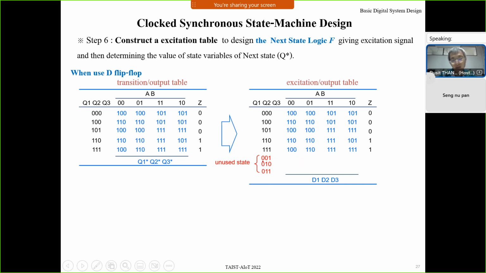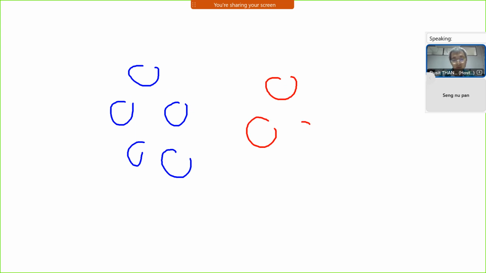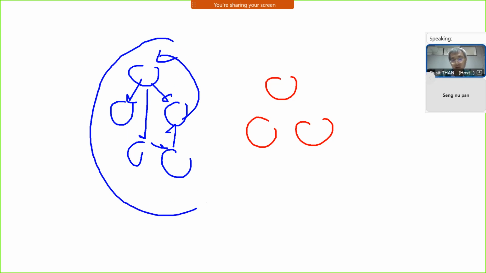Because it's possible, right? If the machine is in this state, when clock ticks, what is the next state? This is the problem. For example, 1, 2, 3, 4, 5. These are used states and unused states. 1, 2, 3, right? When clock ticks, maybe something like this. Just for example, for normal operation, the state should rotate within these normal states. Okay, these are normal states.